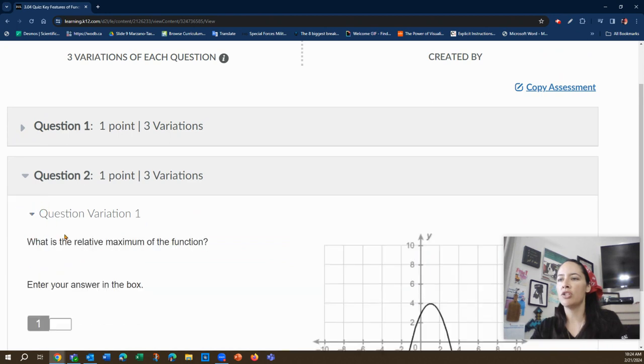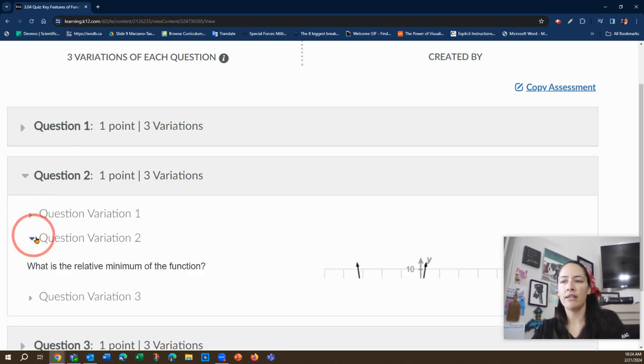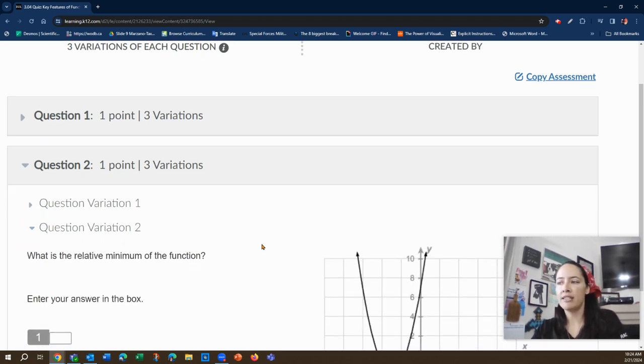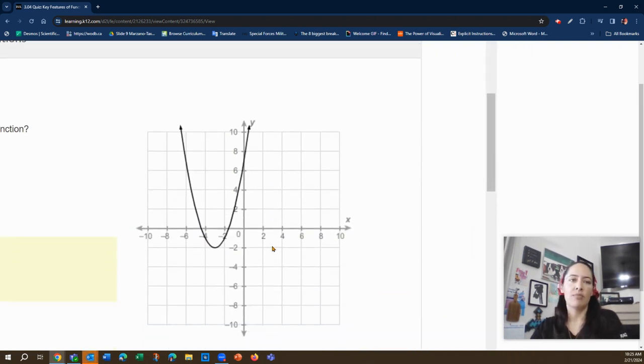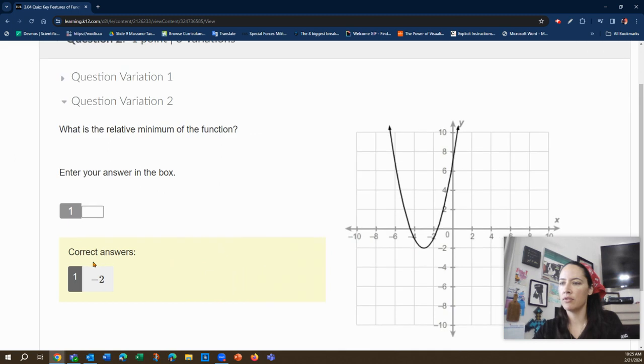Question 2. What is the relative maximum of the function? Okay, relative maximum, relative minimum is just the y output that's the smallest or the largest. So here's a y output, the relative minimum, -2.